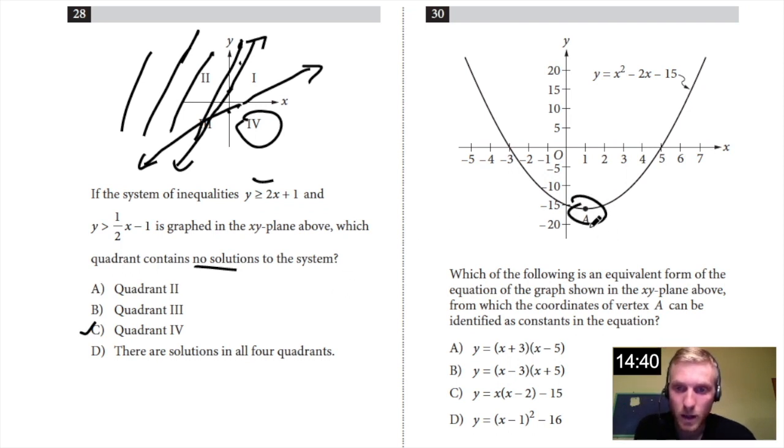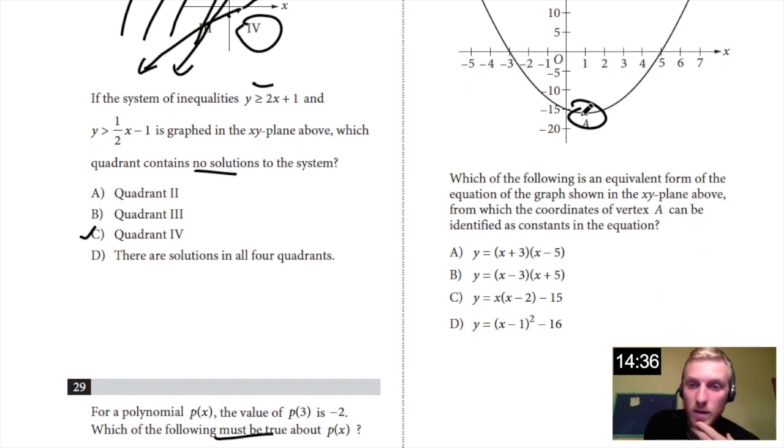So A is our vertex. What are the coordinates of our vertex? It looks like it's about x equals 1, y equals negative 16, so 1, negative 16. So we can't tell here, these don't identify it as constants.